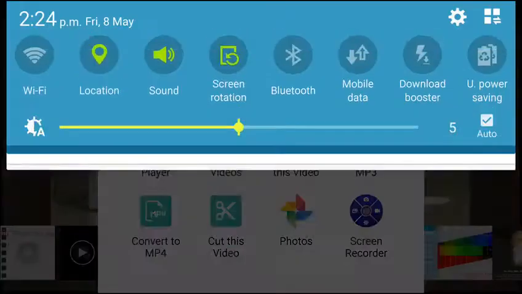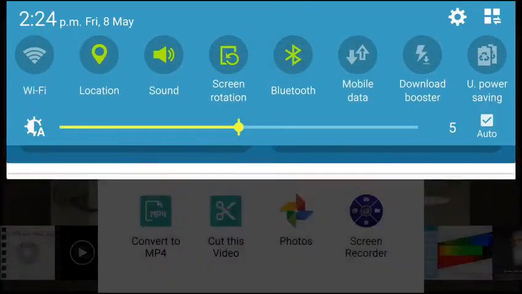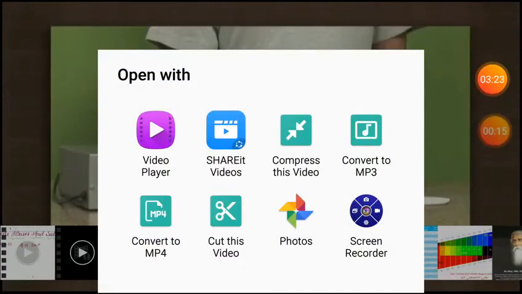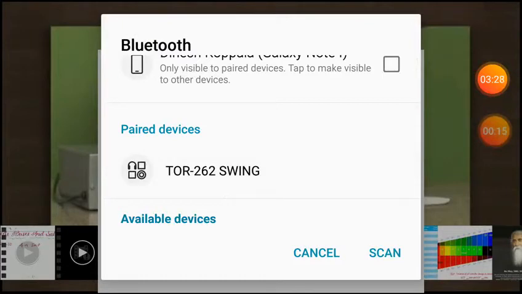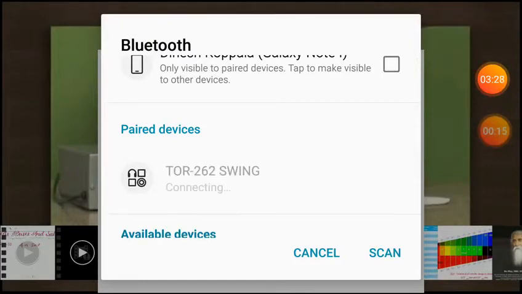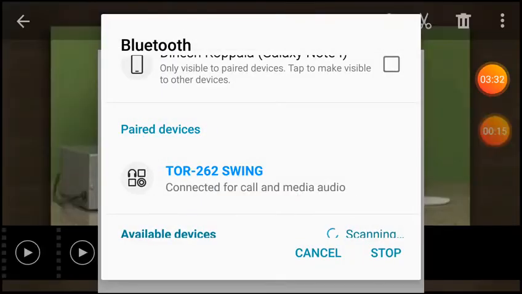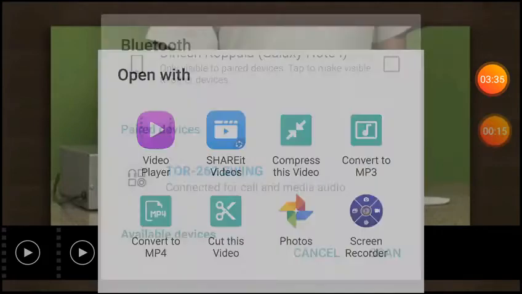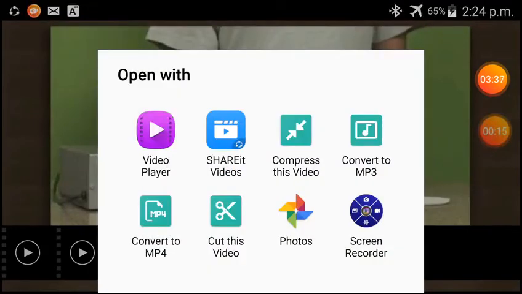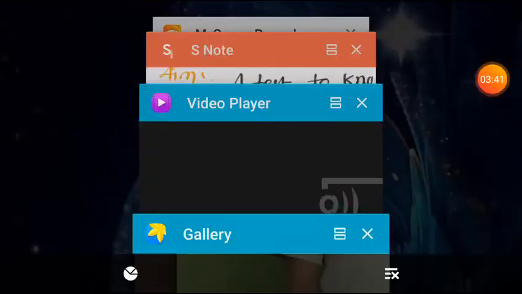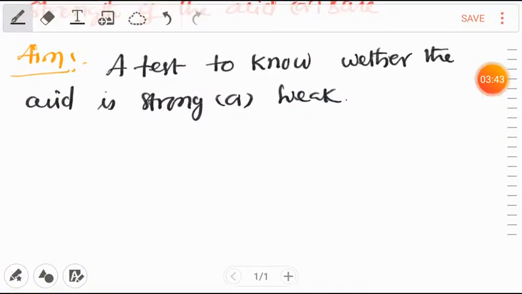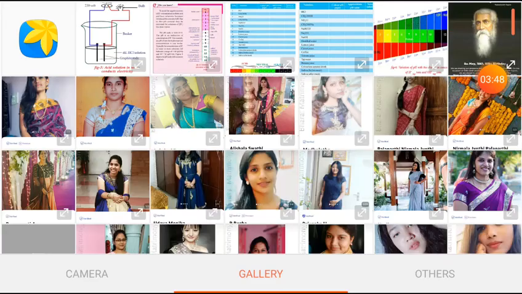This is the experiment. So we'll go back to our explanation, and now we'll take the image of this.